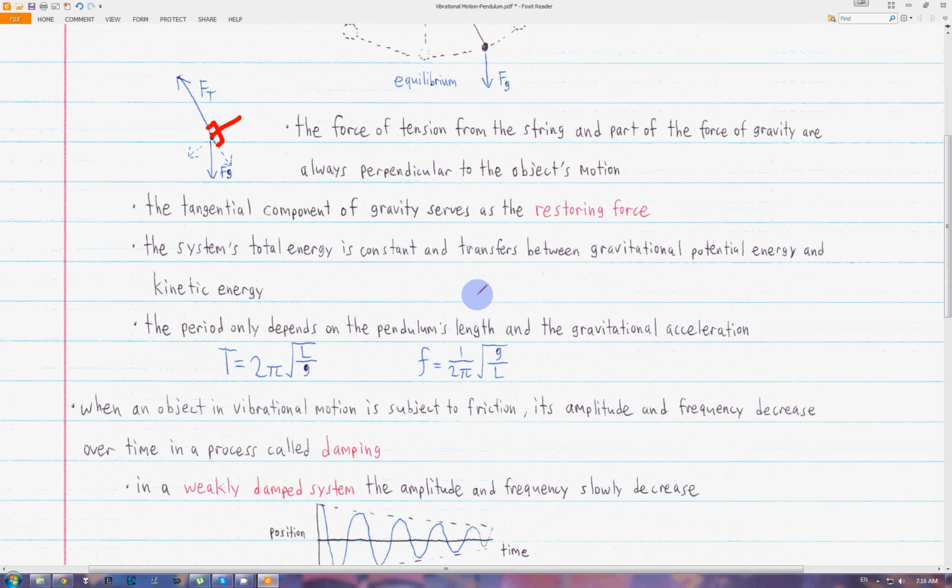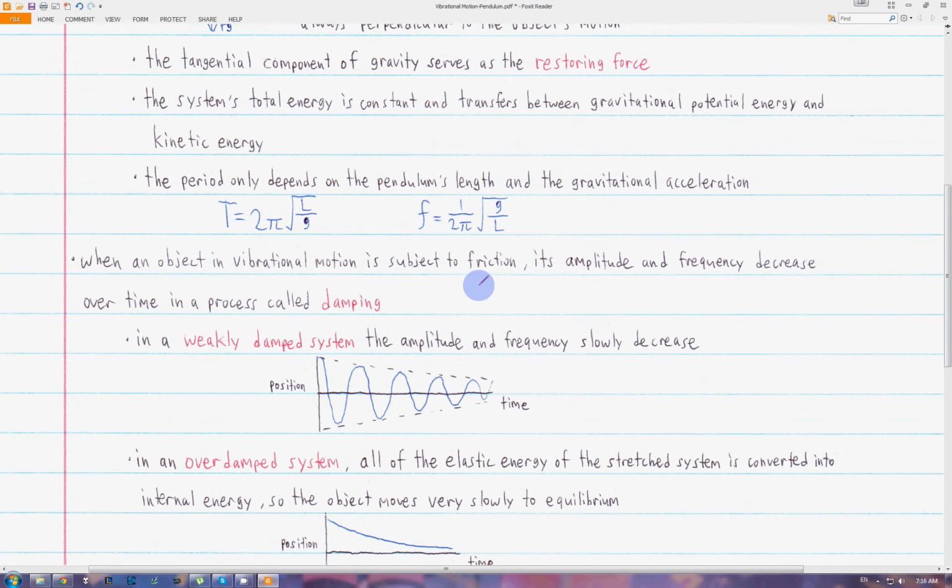So in the simple pendulum and the spring systems, we've ignored friction, so the vibrational motion basically continues forever, and it always goes to the same amplitude each cycle. So when there's friction in a vibrational system, the amplitude and frequency actually decrease with time due to the friction.